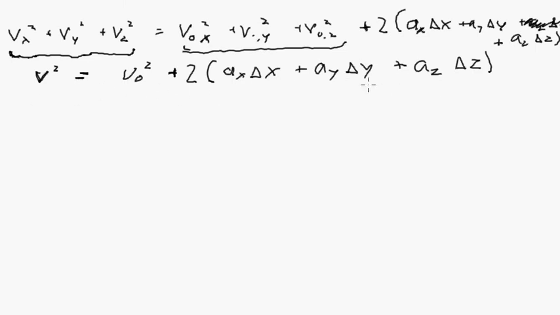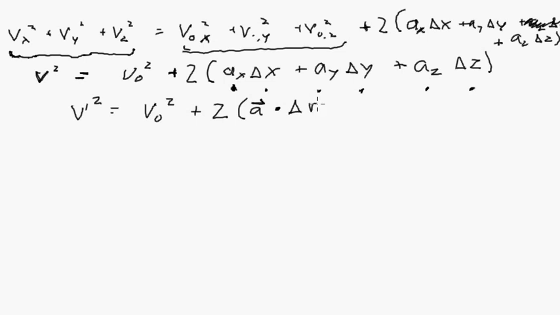We've got the x component of acceleration, y component of acceleration, and z component of acceleration, and we're multiplying by x component of displacement, y component of displacement, and z component of displacement, and adding them all up. What is that? That is the dot product, if you recall, from our work on vectors. So v squared now equals v naught squared plus 2 times acceleration dot displacement.